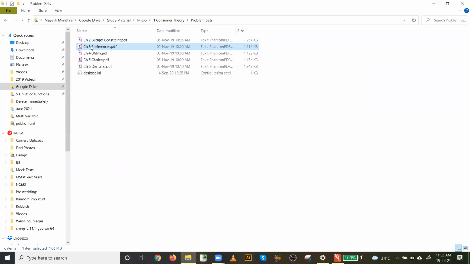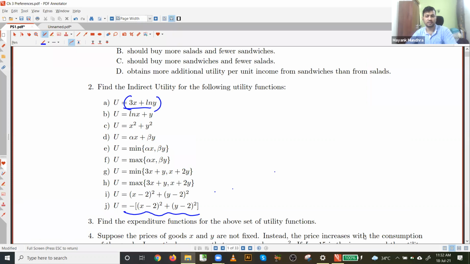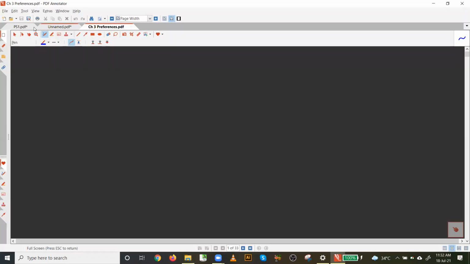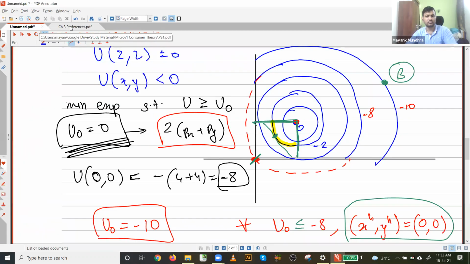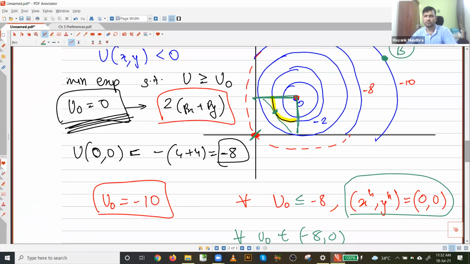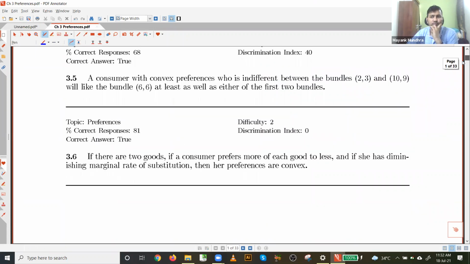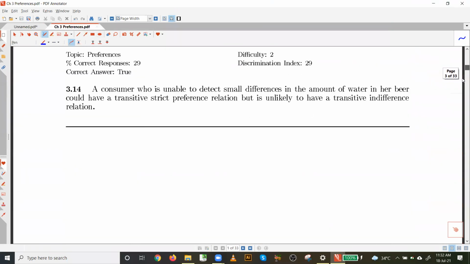Then multiple choice question 3.18. Let me open this. Kashish, tell me the question number. So for multiple choice question 3.18.